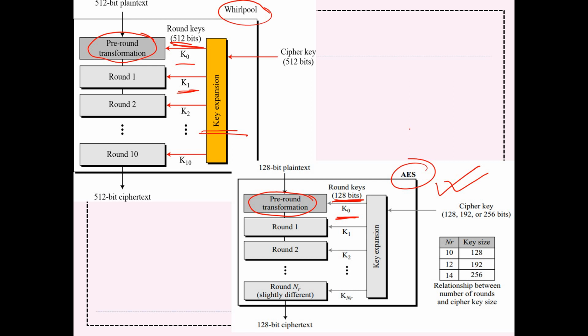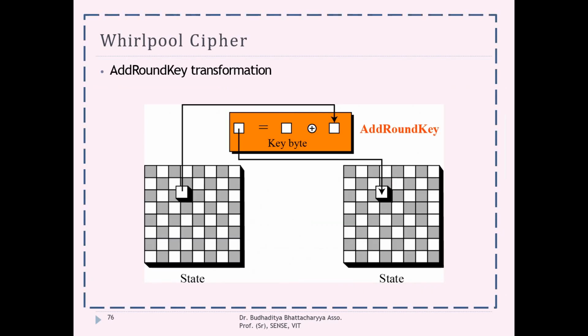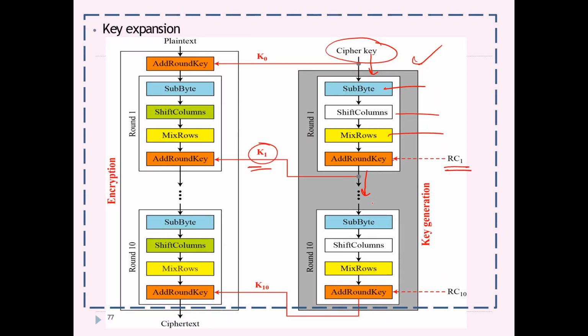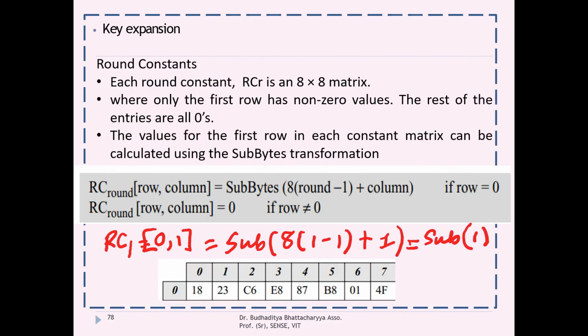So in key expansion, what is happening? We are having these 4 transformations, but the last round over here will require some kind of a constant, which is RC1. So the second round will require RC2. Now, how to generate this RC1? It's very interesting. See how it is to be generated. You have the sub-byte table already, which is constant.